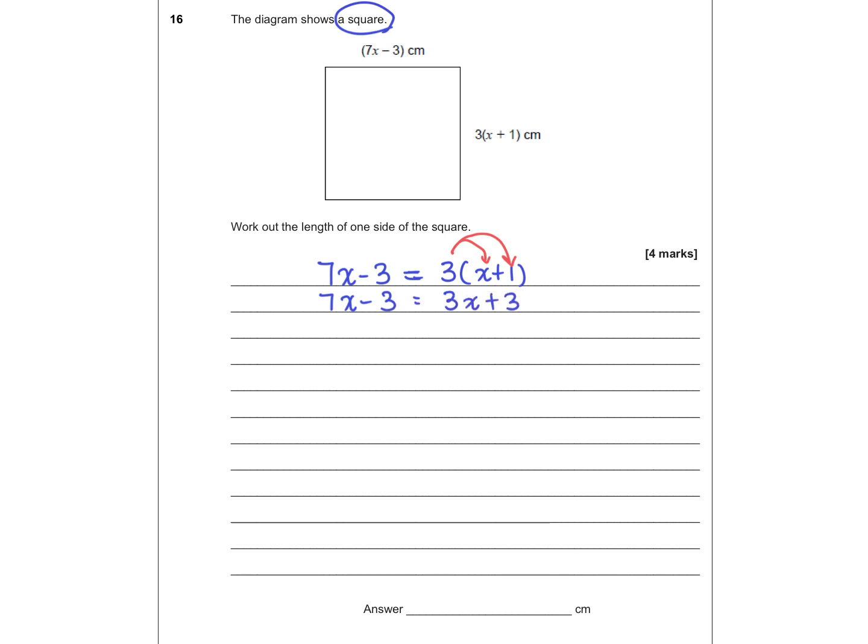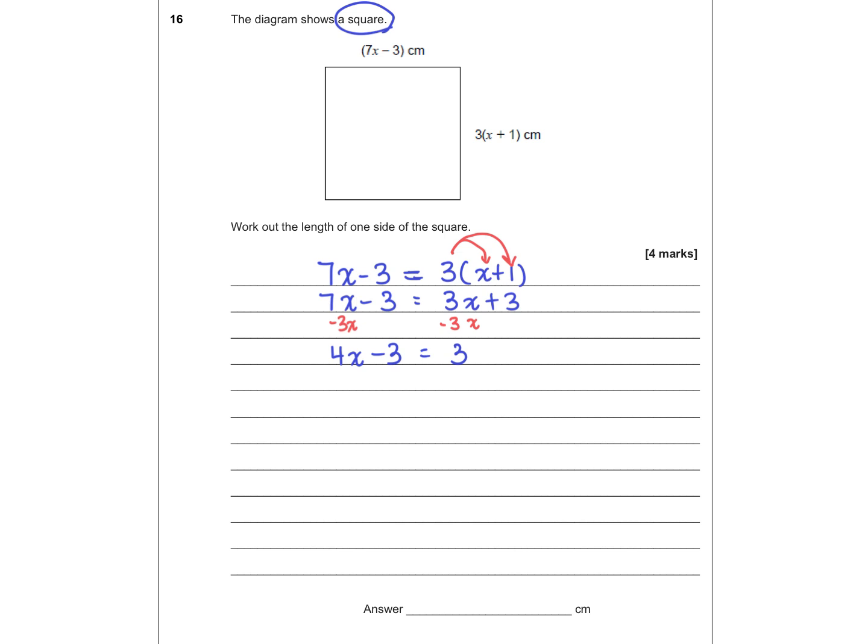Now, if we got this far, we were usually pretty good at our algebra as well. We want to collect all the x's on one side. So I'm going to get rid of the smaller x over here and the x over there. So 7x take away 3x is 4x. I haven't done anything with the minus 3, so I'm going to keep writing that. 3x take away 3x is 0, and then plus 3.